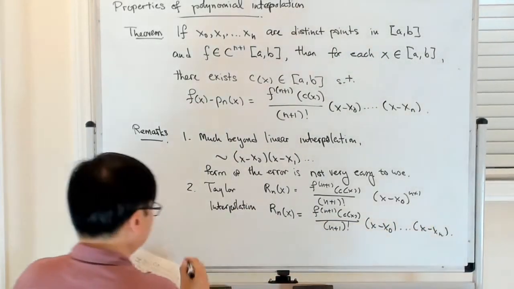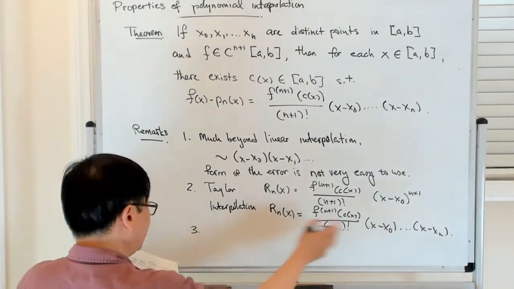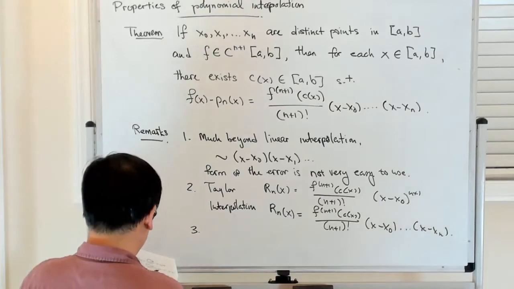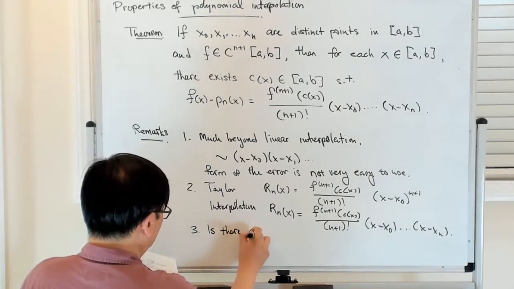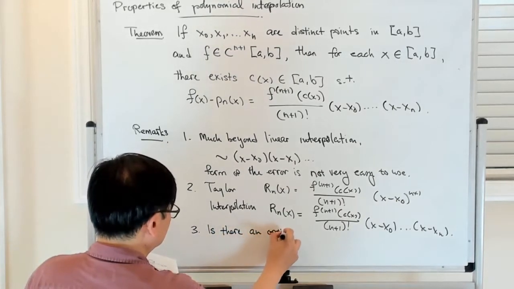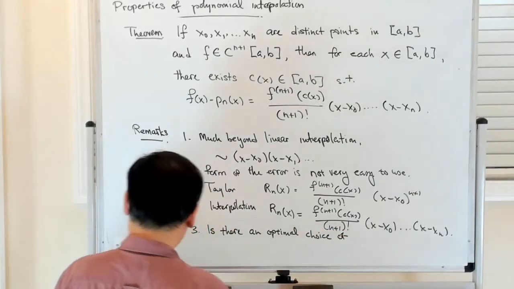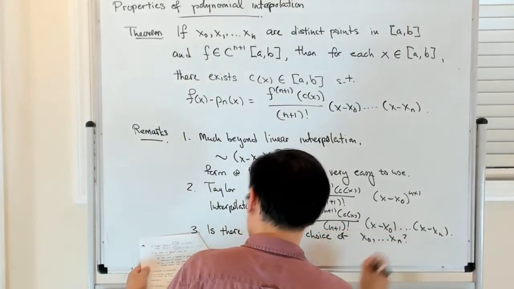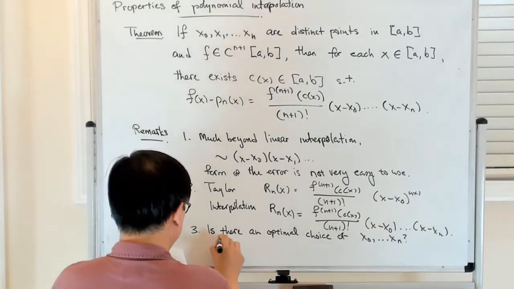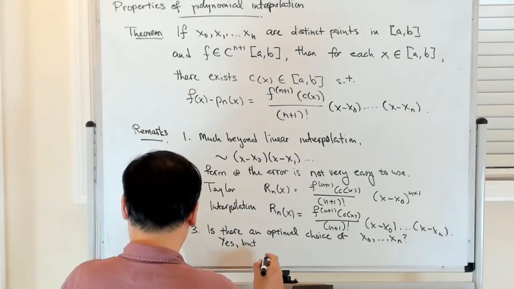Then the third question is a natural one: is there an optimal choice of x0 to xn? The answer is yes, but it depends on what you mean by optimal.